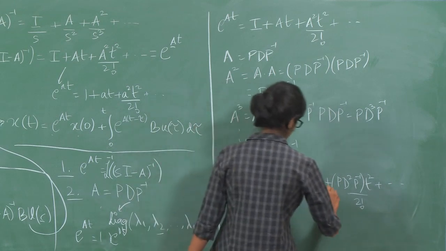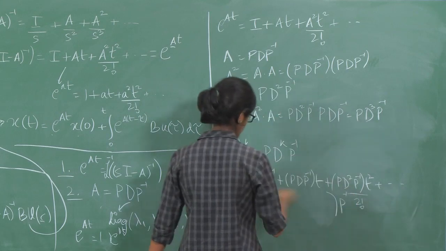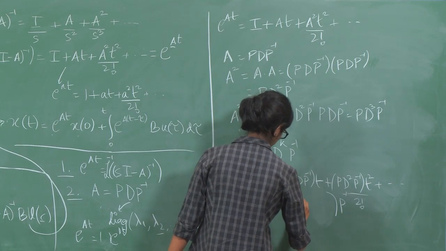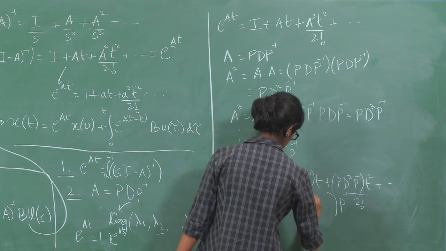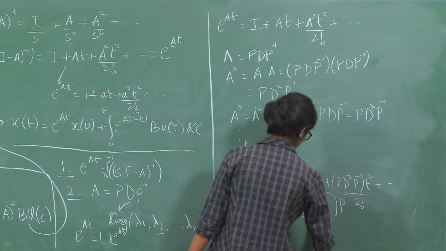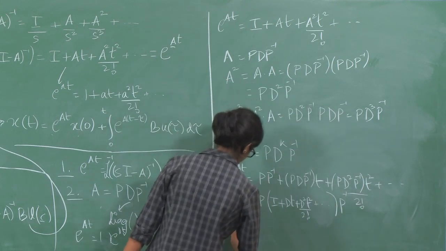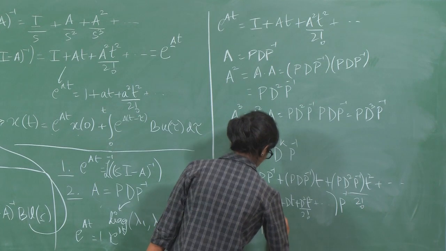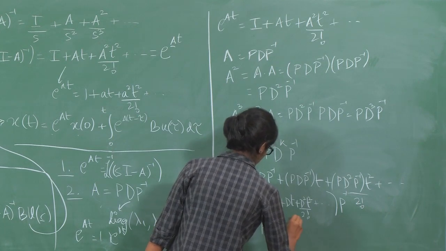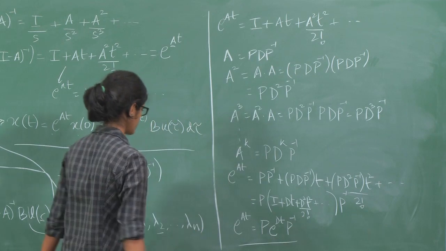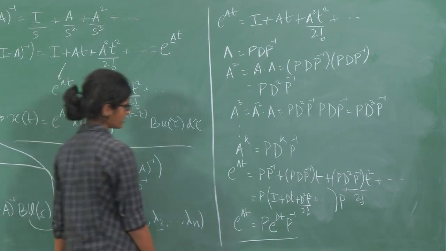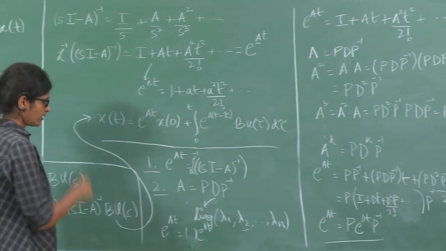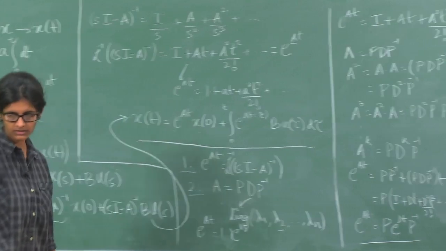Take P and P inverse on either side outside. So, you have I plus Dt plus D square t square by 2 factorial, and so on. So, we basically have that e power At equals P e power Dt P inverse. Since D is a diagonal matrix, we can use this way to compute the matrix exponential e power At. We will now look at the third method.